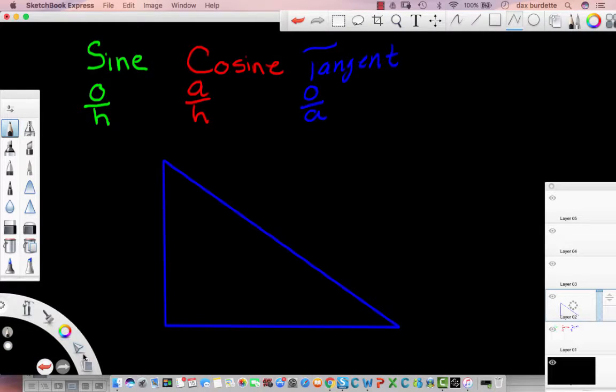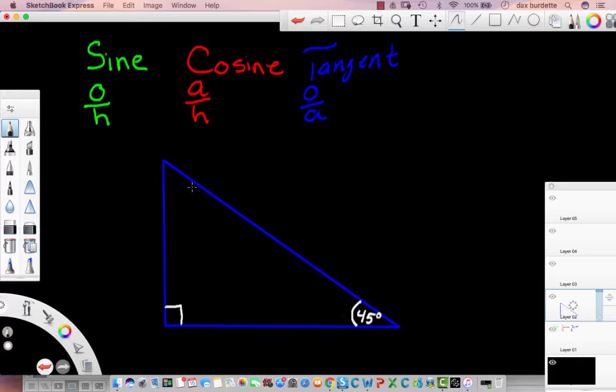Let's say for instance we had some angle measure. I'm going to put that angle here, and I'm going to call this angle 45 degrees. It kind of looks like a 45-degree angle, doesn't it? I'm going to put this symbol here to indicate it's a right angle.